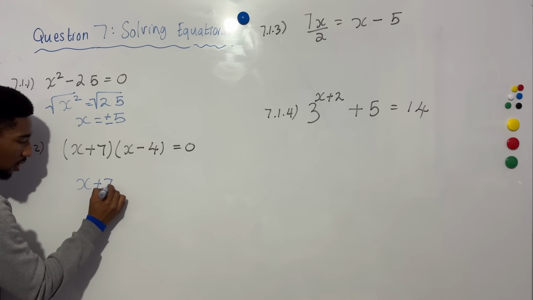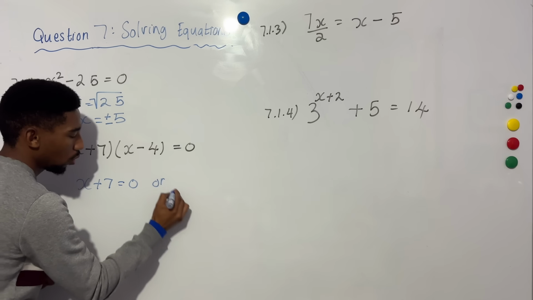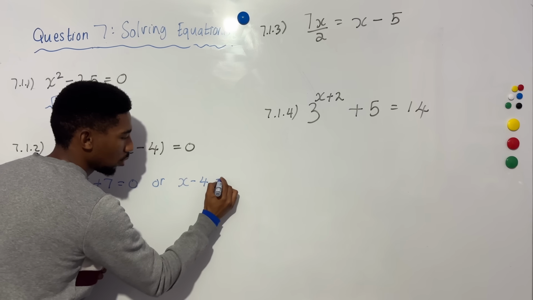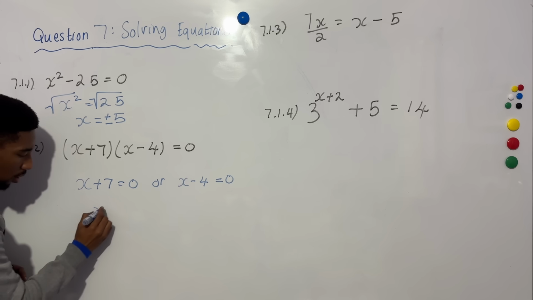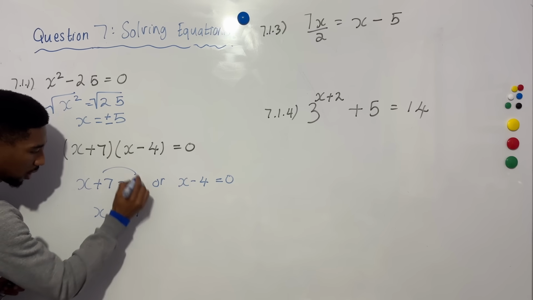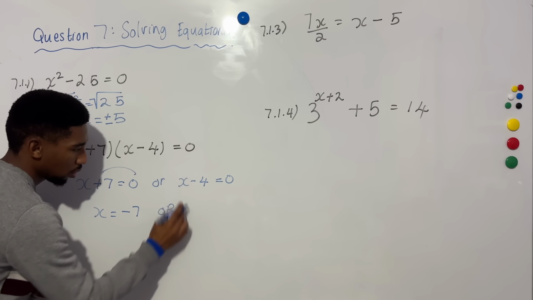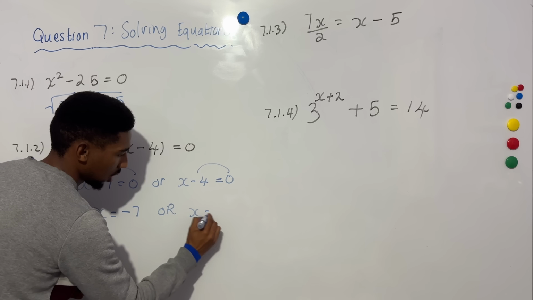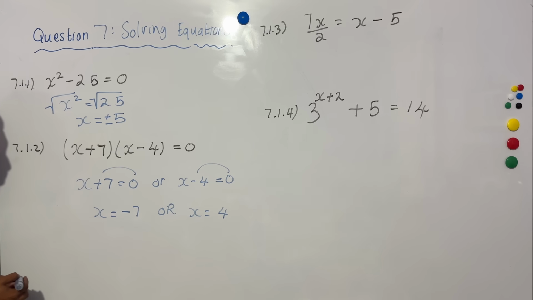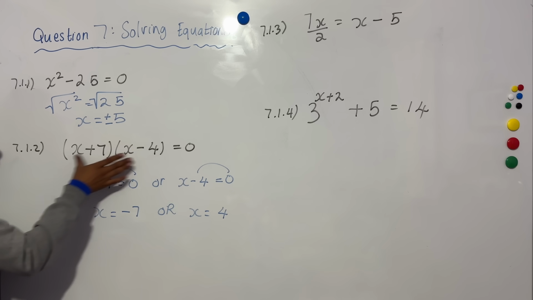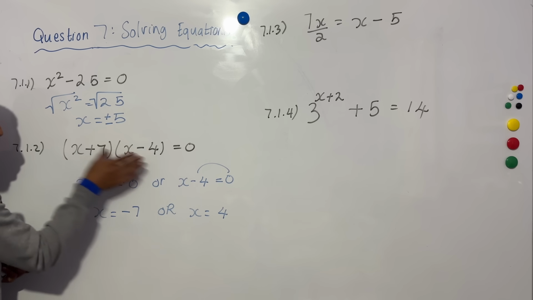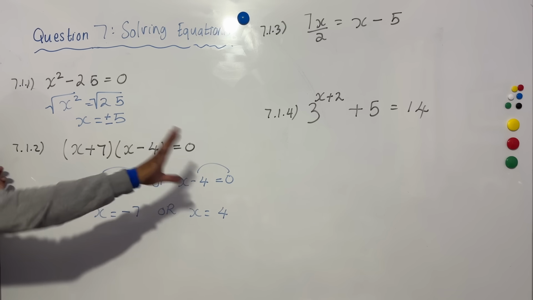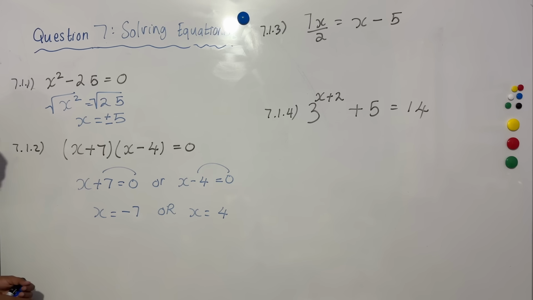You say x plus 7 equals to 0, or x minus 4 equals to 0. Okay, you solve here, you say x equals to minus 7 because you take it over, and you say, or you take the minus 4 over, you say x equals to 4. Okay, whenever you have two brackets like this next to each other, you can solve by letting them separately equal to 0.